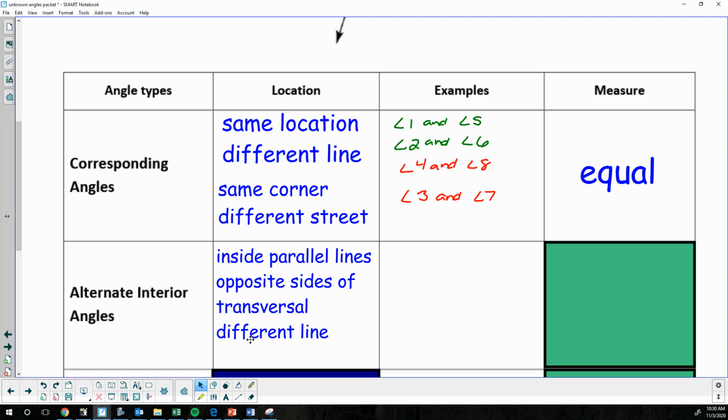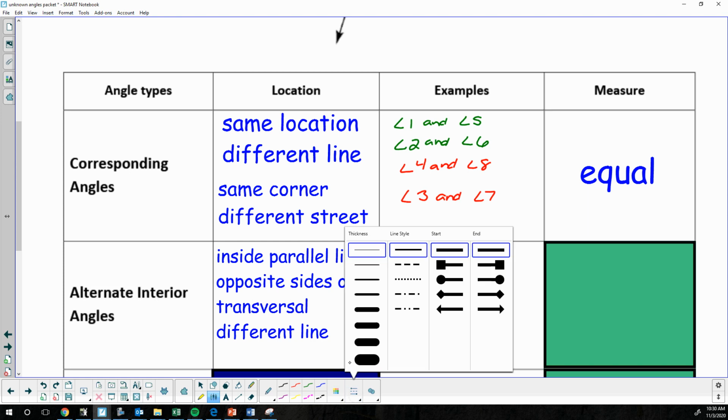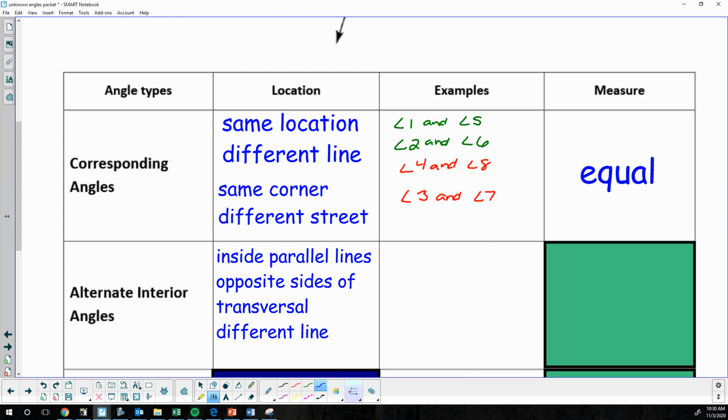One is on J and one is on K. Okay, that's what it means.